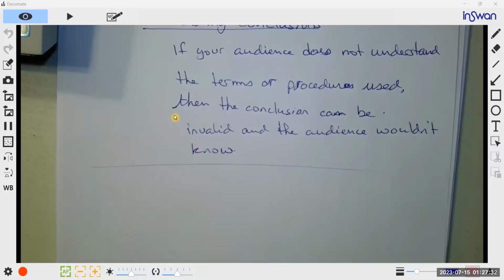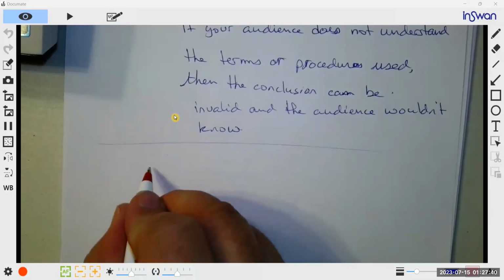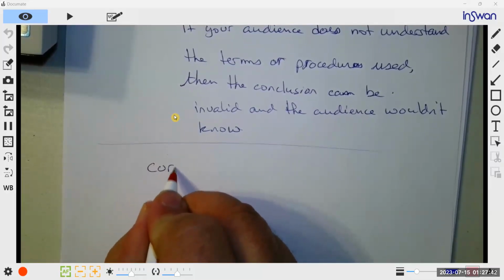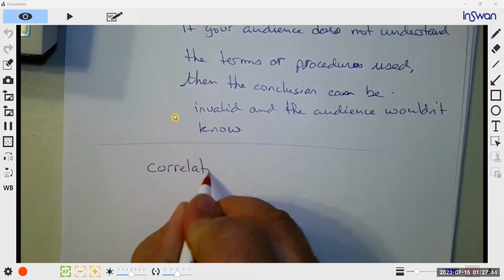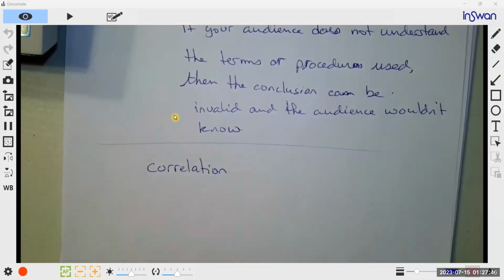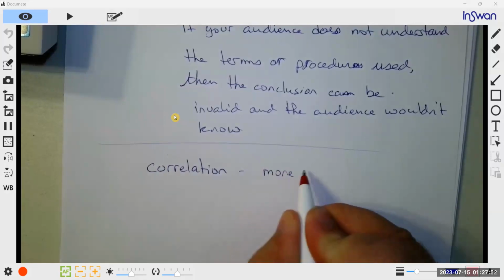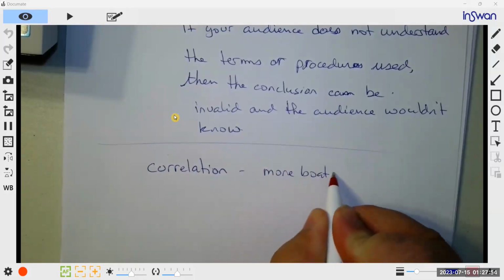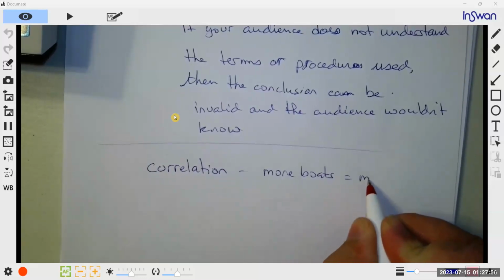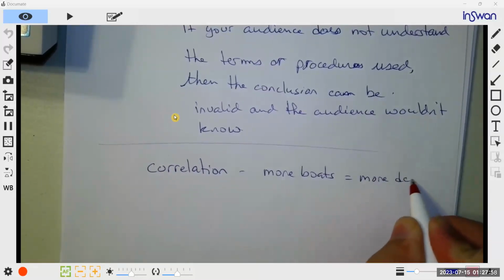We're looking at the example stated in our manatees. Is it something called a correlation? More boats equals more deaths.